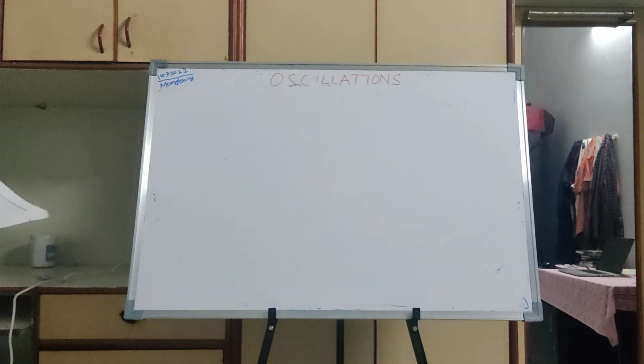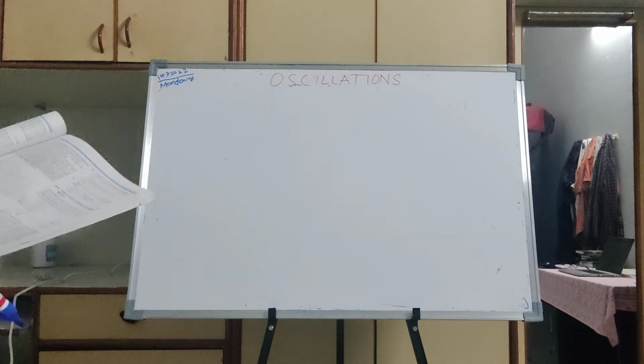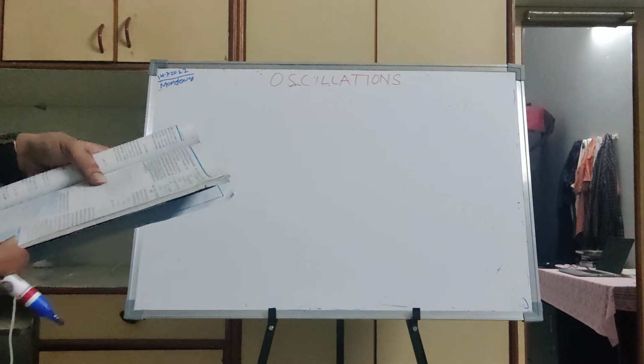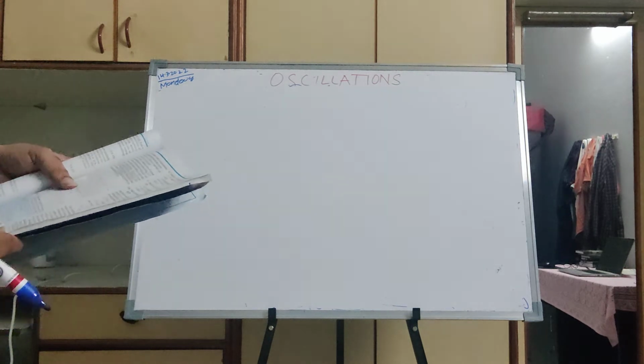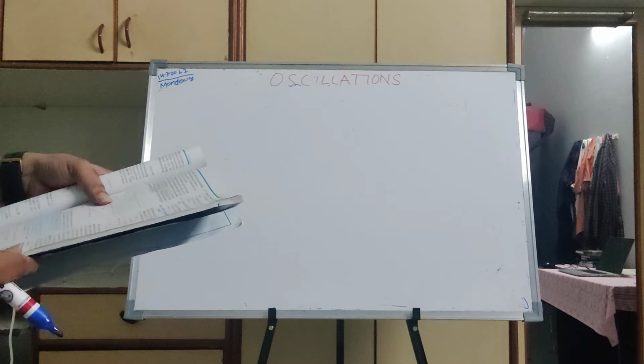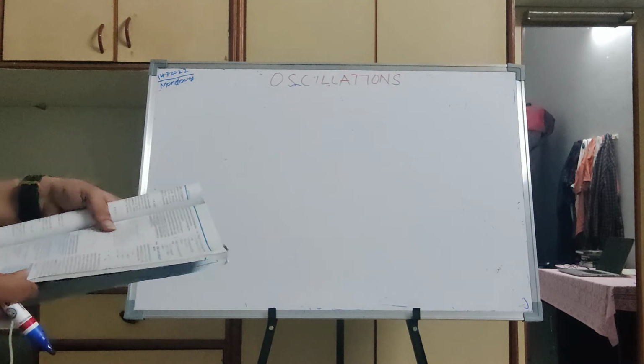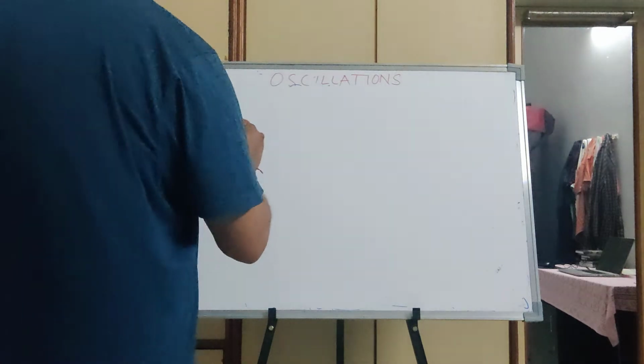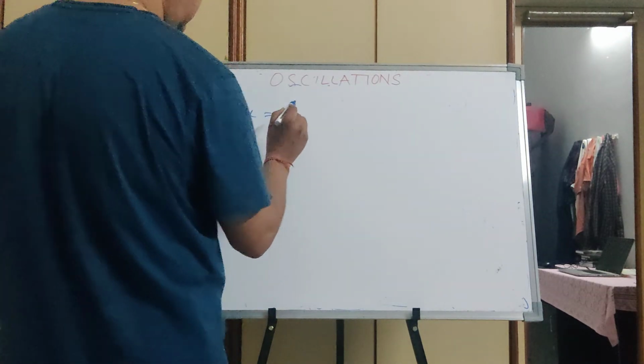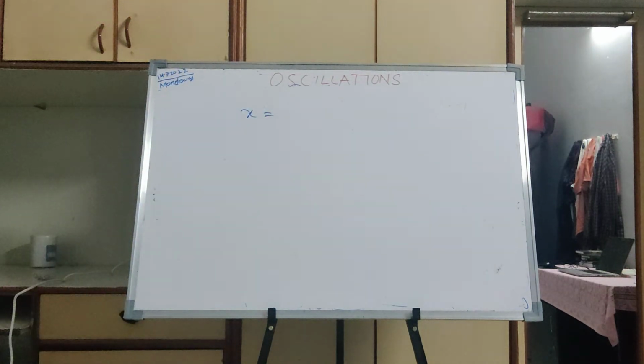So let us solve a numerical. A body oscillates with SHM according to the equation in SI units. This numerical is very important. You can formulate n number of numericals using this equation.